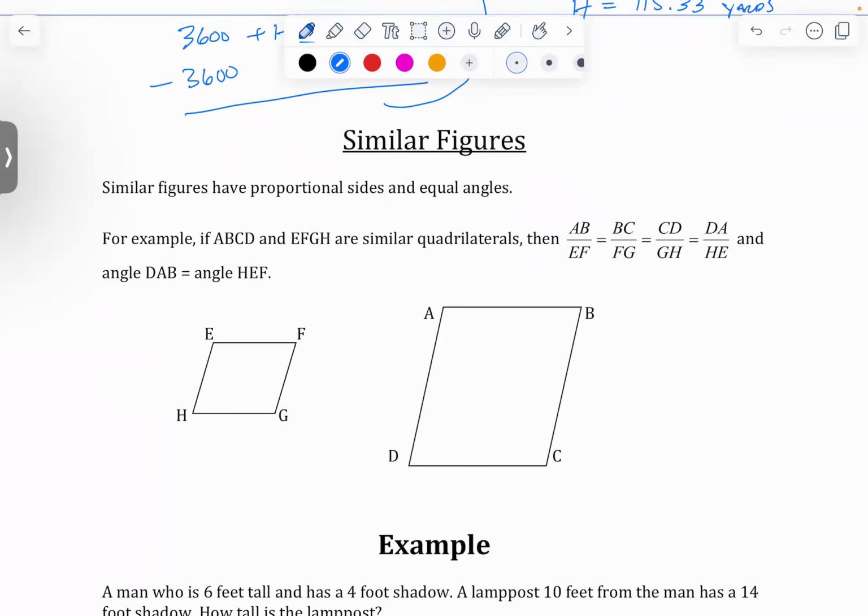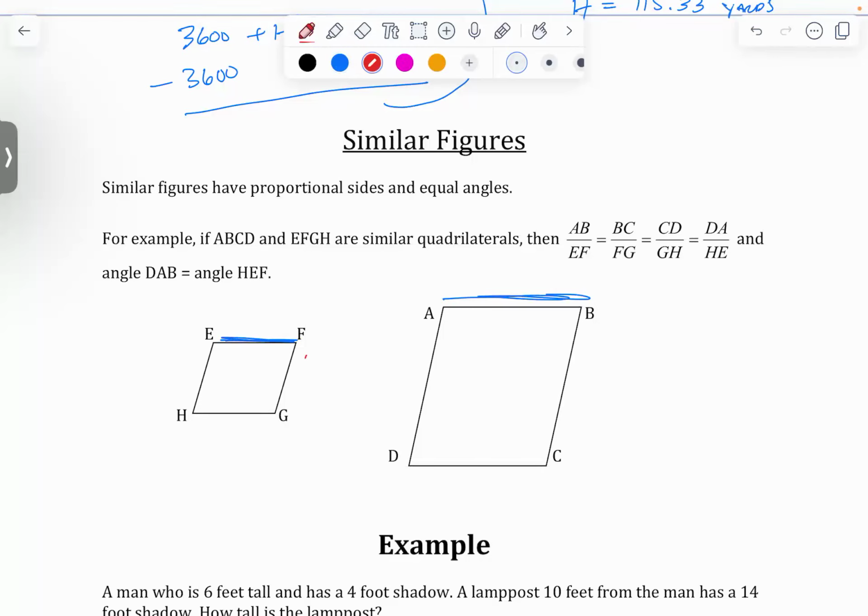This word similar figures is going to come up quite often, and it doesn't always say the figures are similar. But when you have two shapes, if I have two circles, or in this case two parallelograms, or two rectangles, or two squares, the figures are similar because they're ratios of each other. And that's the biggest thing. Notice side AB, I can ratio to side EF.